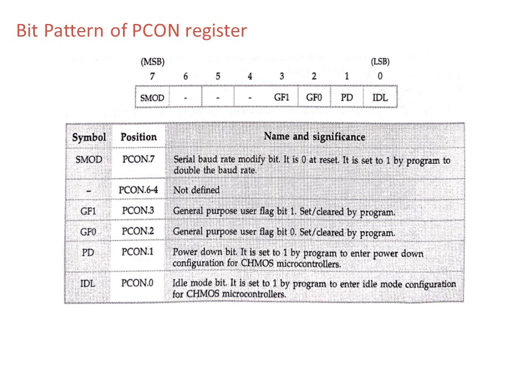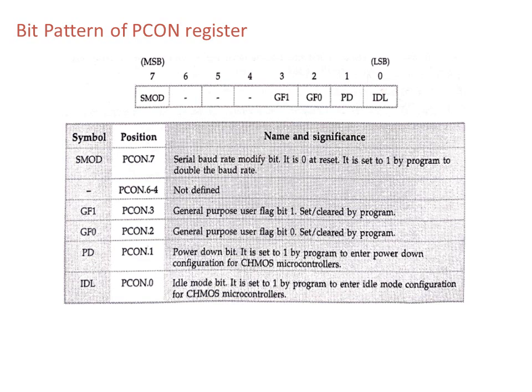Next, the first bit is PD, that is the power down bit. It is set to 1 by a program to enter the power down configuration for CHMOS microcontrollers. Its position is PCON.1, and it can be bit addressed with the representation PCON.1.